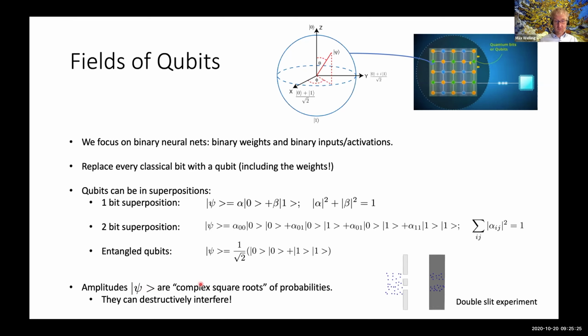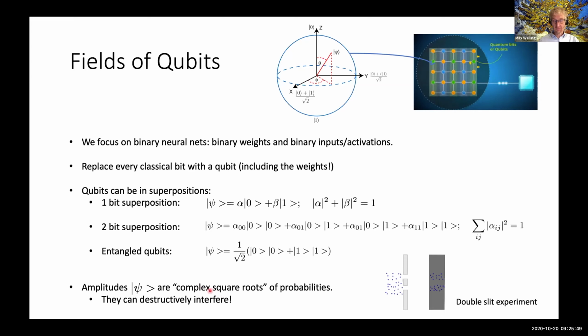And so the interesting thing is that these functions psi can interfere with each other, so they work very differently from probability distributions. Probabilities are always positive, right? In a PDE, you have this idea that you have multiple paths, and you have to add up all the probabilities along all these paths in order to figure out the probability of a certain event happening. But all these probabilities are positive, and so they add up.